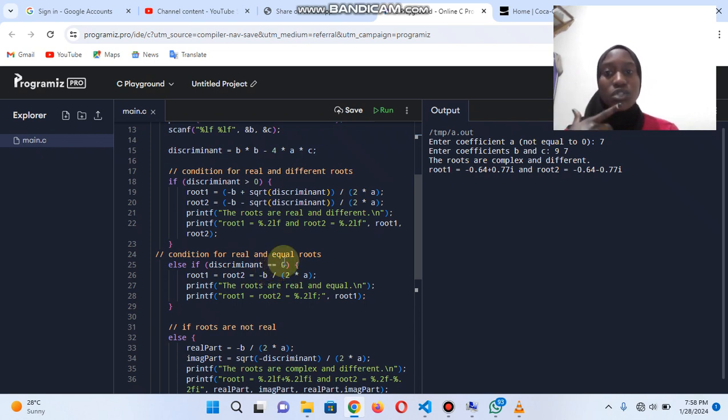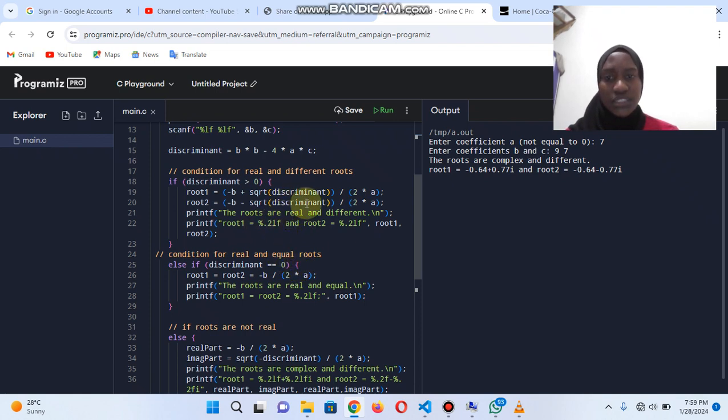If the discriminant is equal to 0, then the roots are going to be real and equal. We saw here that the roots can be real and different only if the discriminant is greater than 0. Here, if the discriminant is equal to 0, root 1 is going to be equal to root 2, which is equal to negative b over 2a.